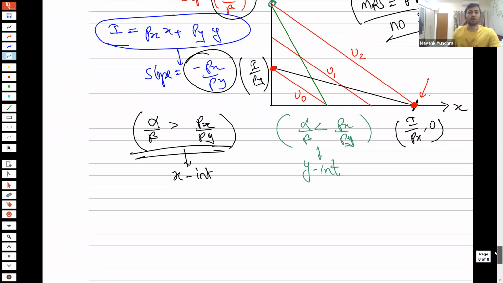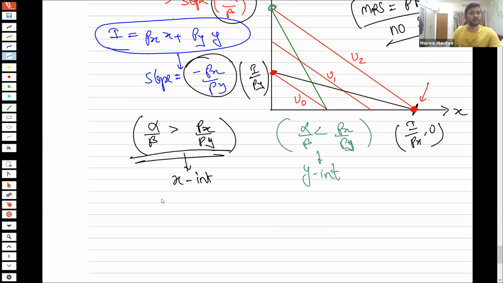Okay. So in this case, if you're going to the x-intercept, the consumption bundle becomes, supposing income is I, Px, and Py, the consumption bundle would be, yes, Anuradha. What will be the consumption bundle if you are consuming at only good X?